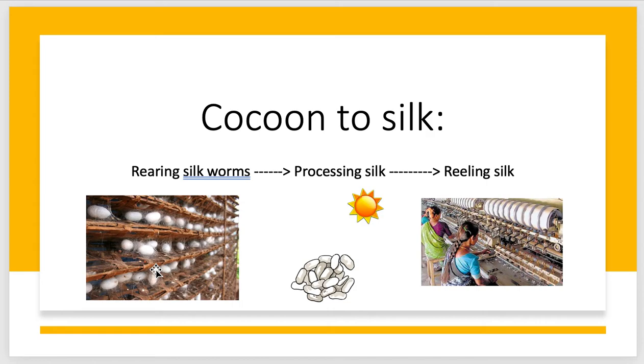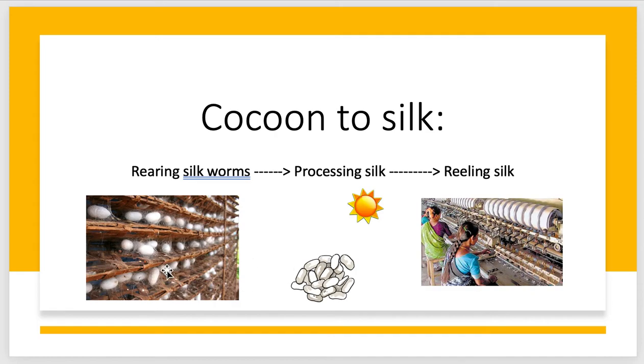And then once the cocoon is completed by the caterpillar, once the silkworm is inside the cocoon, then it develops into the silk moth. So when they're in the cocoon stage, they're processed into silk. So what is this step?